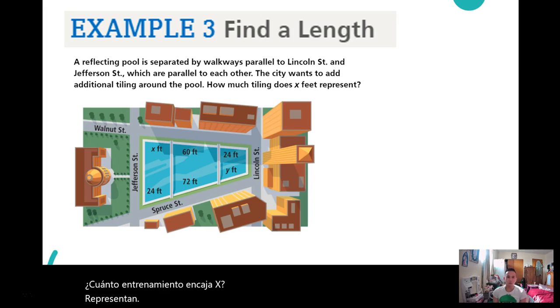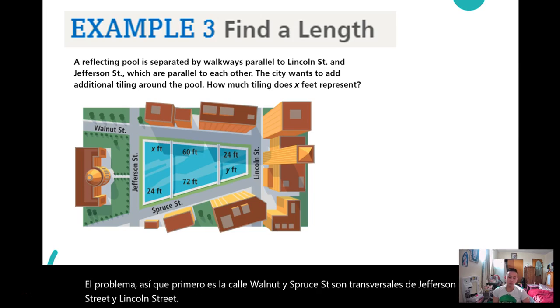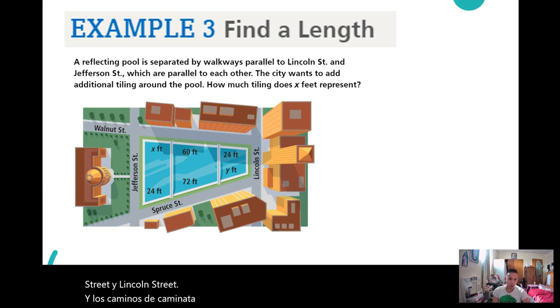Look at the image that you have there. Formulate the problem. First, Walnut Street and Spruce Street are transversals of Jefferson Street and Lincoln Street, and the walkways separate the pool. It's in here: Spruce, Jefferson, Walnut, and then Lincoln Street.